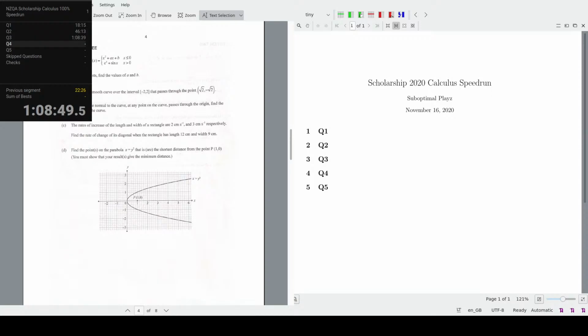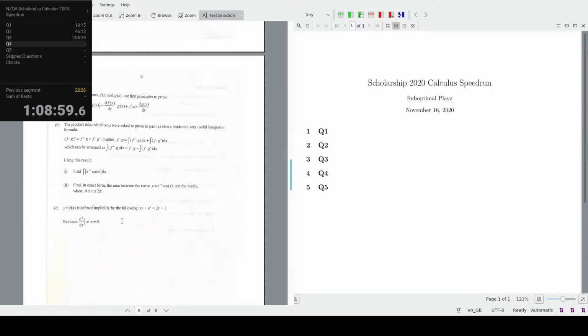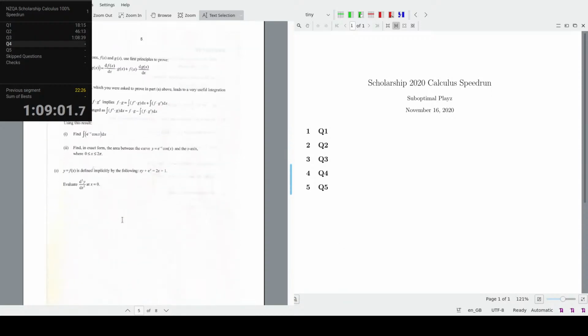These are actually non-trivial so far. It's pretty cool. For A, given two functions, use first principles to prove. Alright, so this is just the product rule, but proven from first principles, right?